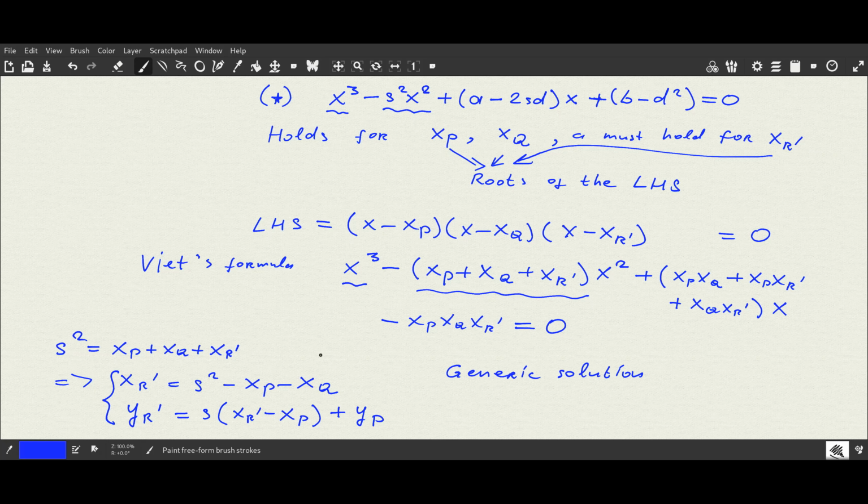All the coordinates of the original points, because s, if you remember, s was yp minus yq divided by xp minus xq. So, under the genericity conditions, we have this solution, and the solution is a finite point.